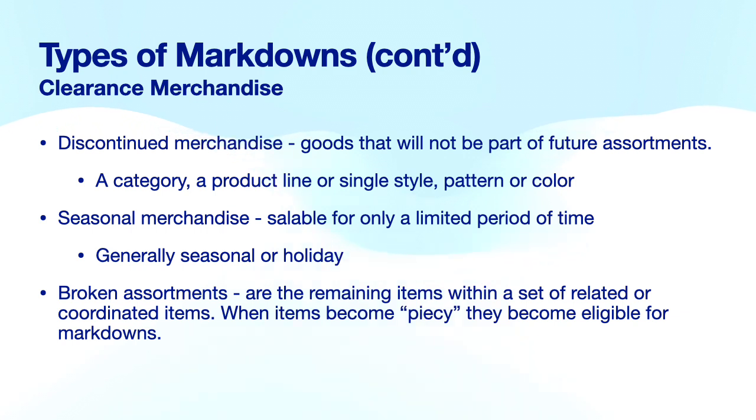Discontinued merchandise is goods that will no longer be part of future assortments. This can be a category, a product line, a single style, pattern, or color. Seasonal merchandise is the merchandise that is sellable only for a limited period of time. So again, you have your seasonal items or your holiday items.